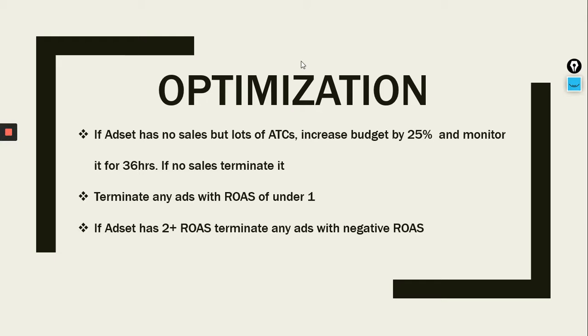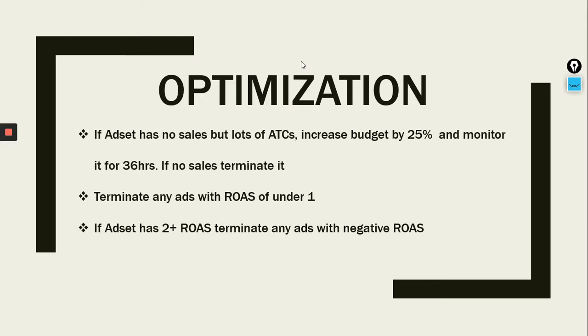Then if any ad has less than 1 ROAS, you need to let it go, because you're going to start losing money very, very fast. This is how people lose money on Facebook. They have a very poor ROAS, and just because it has sales, they keep it.